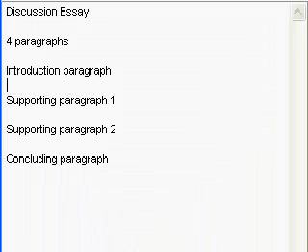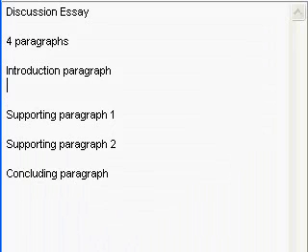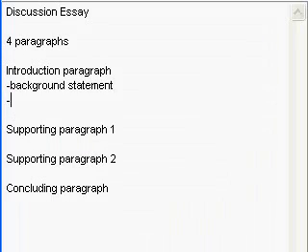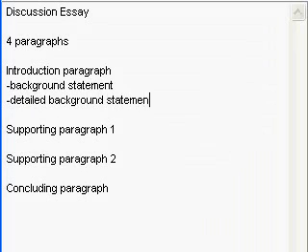So if we take the introduction paragraph, the first sentence is a background statement on the topic that we're writing about. The second is a detailed background statement. So it's basically a little bit more information on the topic that we introduced in the first sentence.